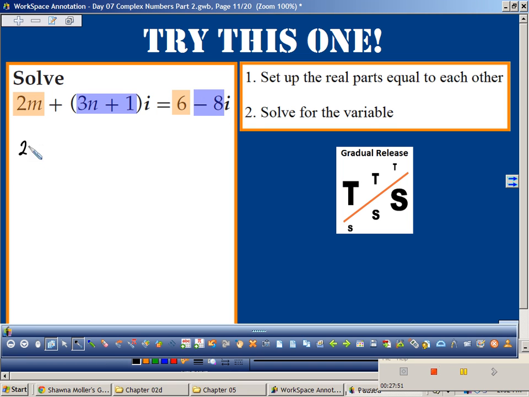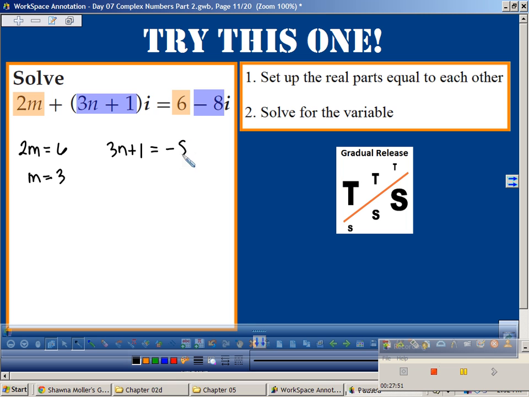So I have 2m equals 6, which is m equals 3, and 3n plus 1 equals negative 8. I don't need the i's because they cancel each other out. Subtract 1, 3n equals negative 9.